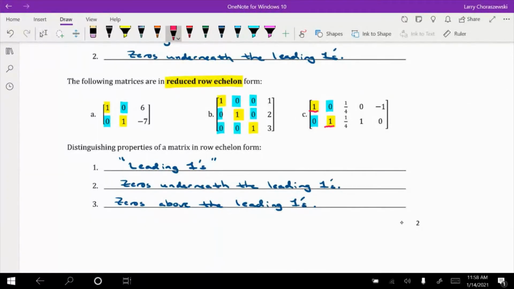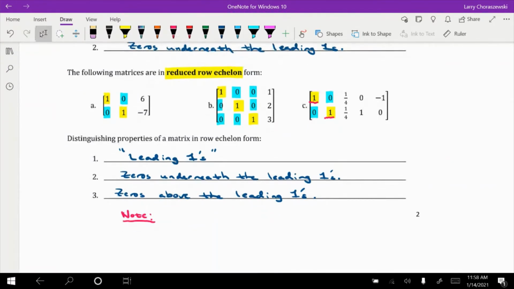Now, I do want to make an important note. This isn't really a two-way street. And what I mean by that is reduced row echelon form implies that the matrix is also in row echelon form because we have the zeros underneath in addition to the leading ones.